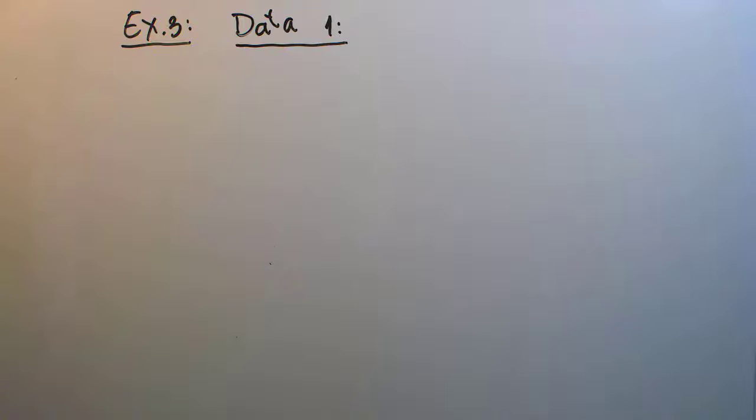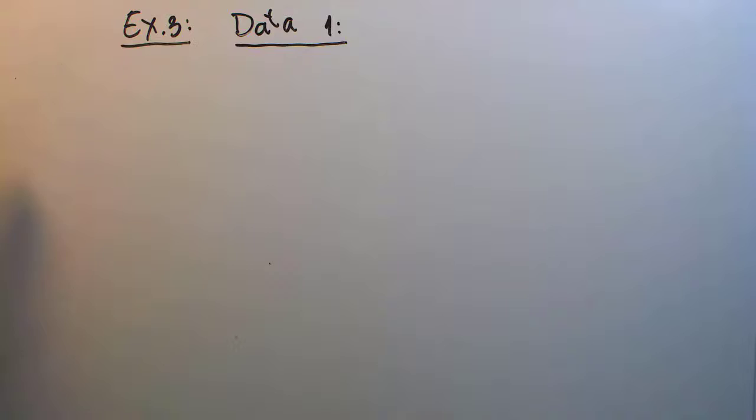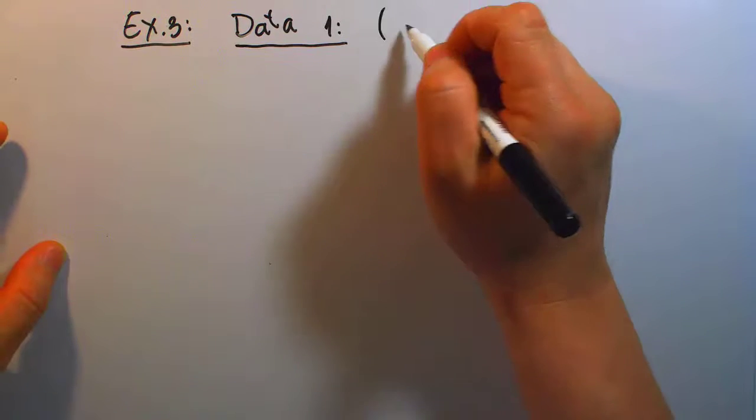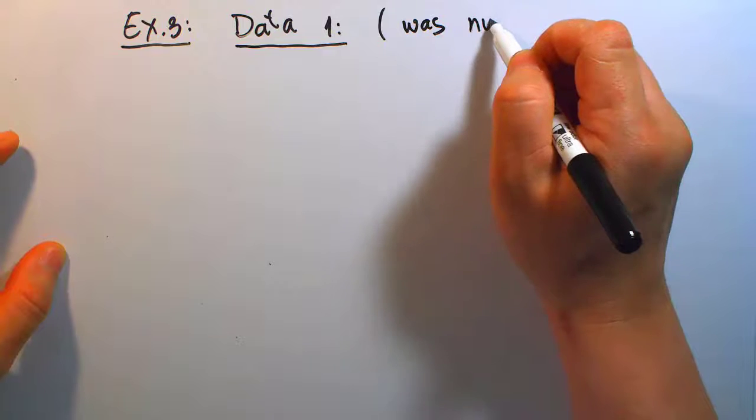And I'm going to once again turn over to the data that I have on my computer screen right here. So let's have a look at data 1. And you can always pause the video to take note of data 1 in case you never had it. Admittedly, data 1 was numerical data.